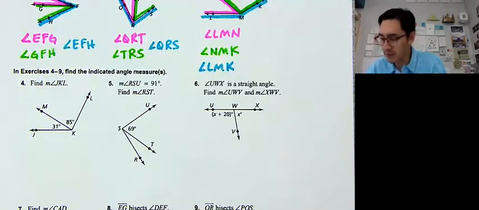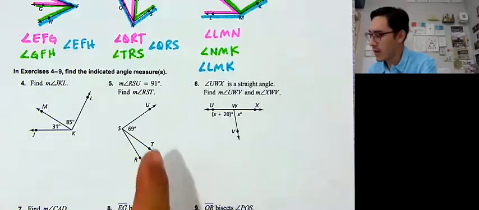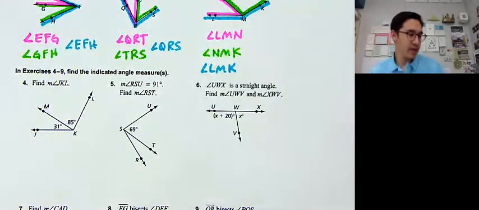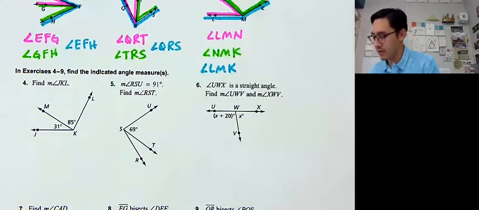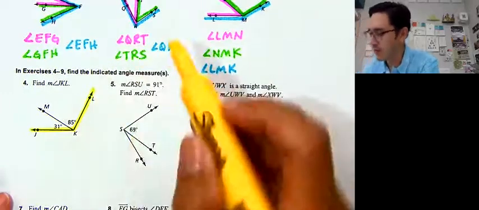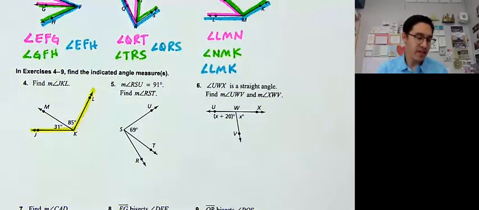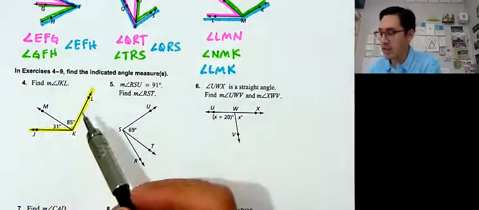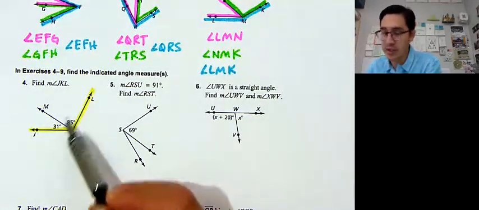Now, in the next couple examples, we're going to be trying to find the measure of a certain angle. Let's find the measure of angle JKL. Let me highlight that in yellow. It's asking us to find the measure of the whole angle, and notice that the whole angle is made up of 2 adjacent angles.